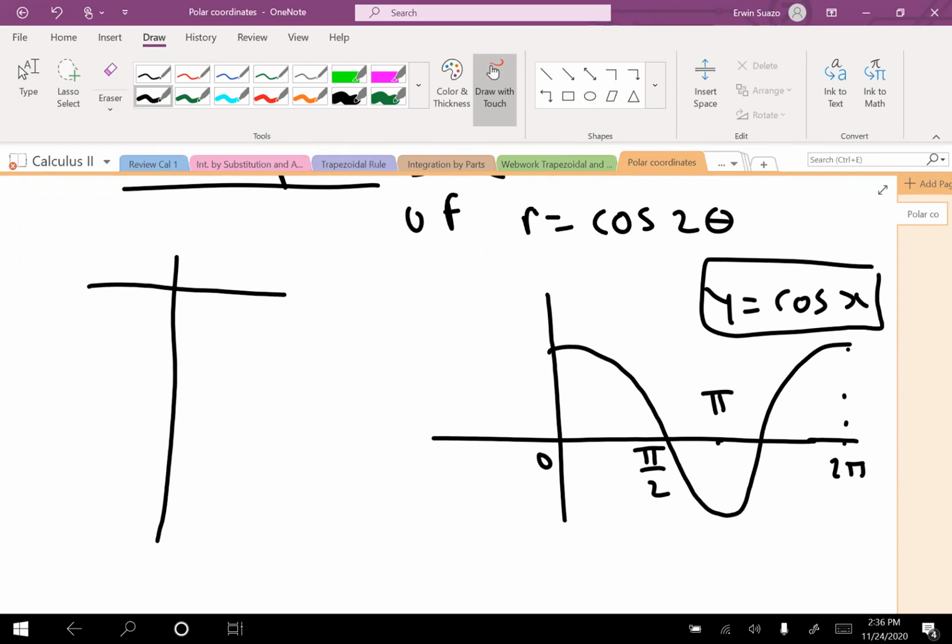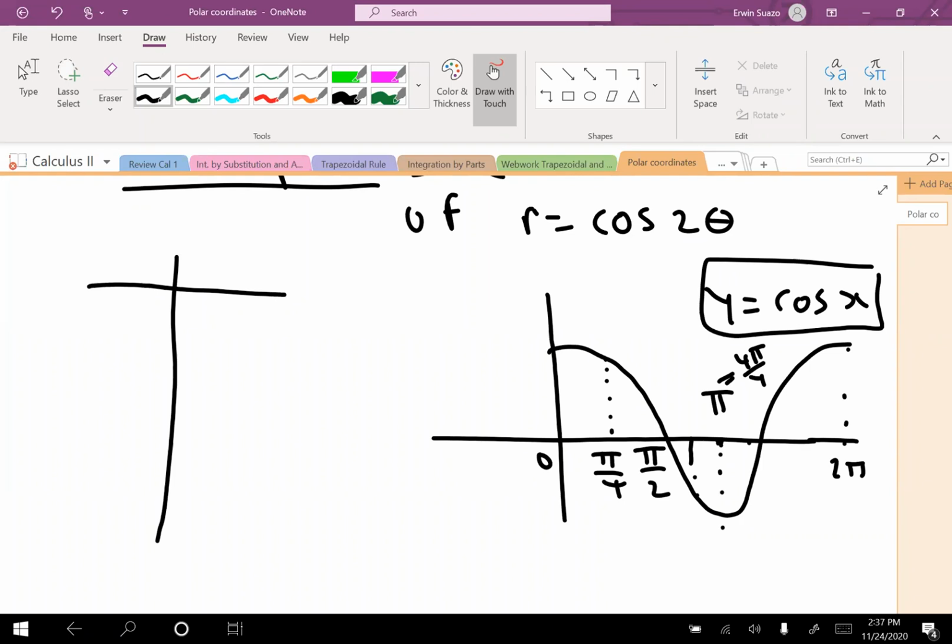Okay? But also I know this guy. This is pi fourths, and I know all the fourths. So this is pi 4, this is 2 pi 4, pi halves is 2 pi 4s. I have 3 pi 4s that is going to be here. Pi is 4 pi 4s, right?